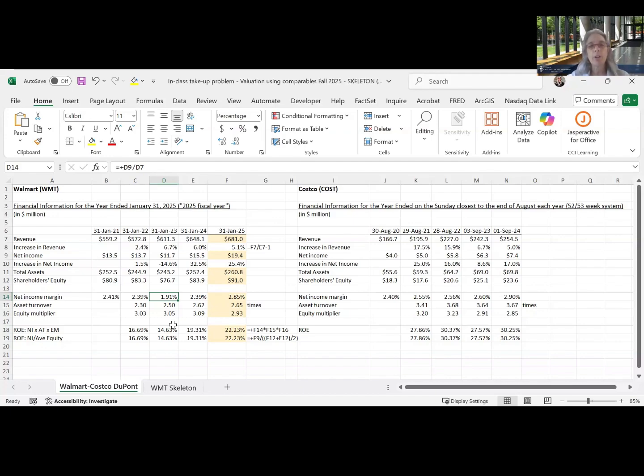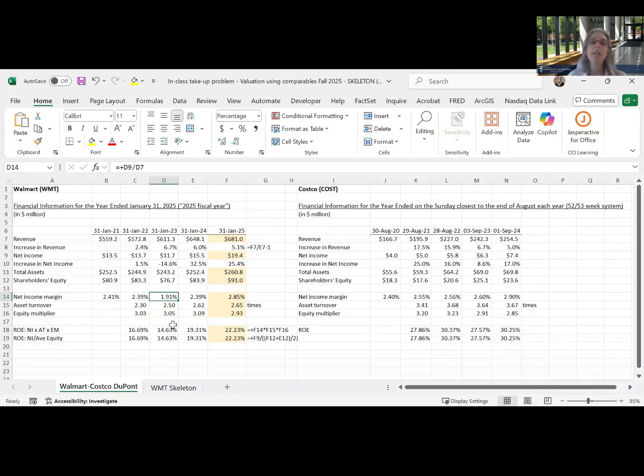If you compare them to Costco, you can see that Costco's asset turnover is higher than Walmart's, and has also been improving slightly over this 4-year period. If you think of what a Costco store looks like compared to a Walmart store, you can see why. A Costco is a bare bones, basic box with concrete floors and everything stacked up on pallets, whereas Walmart is a little bit more finished as a store.